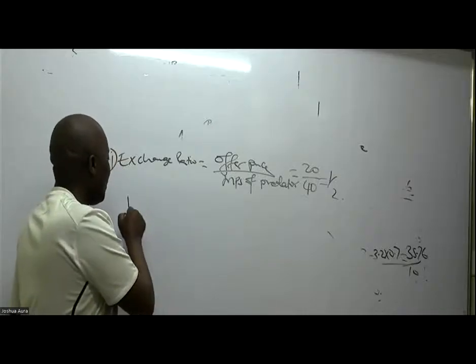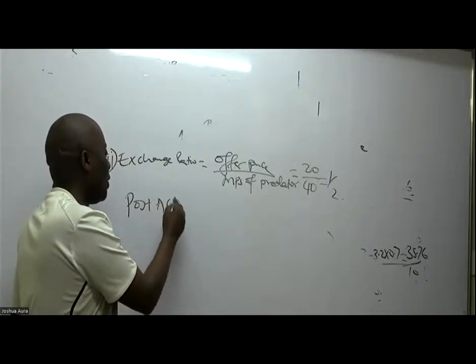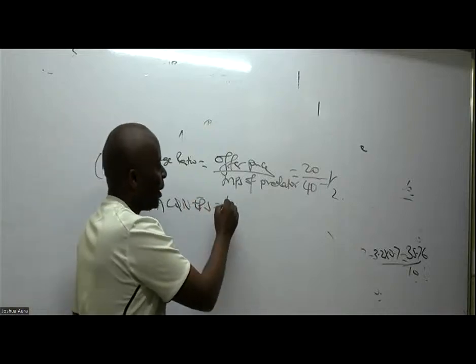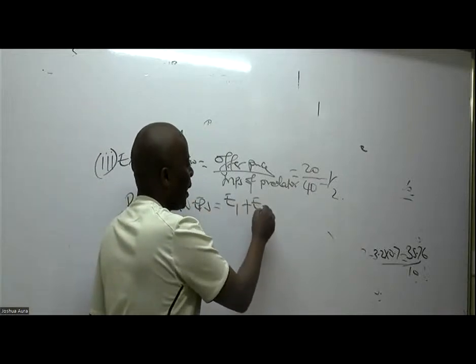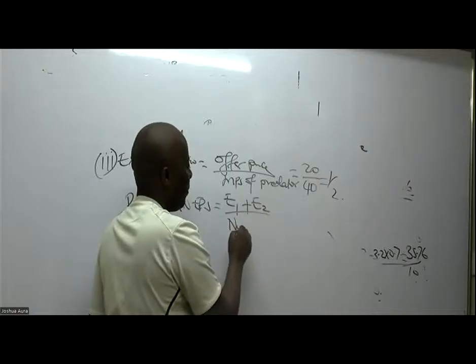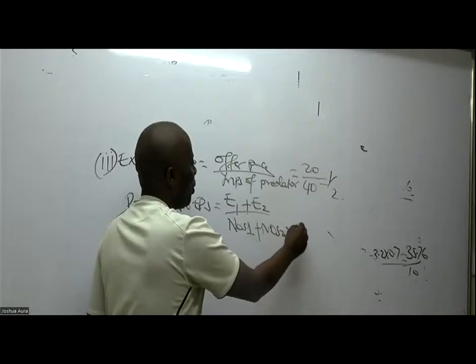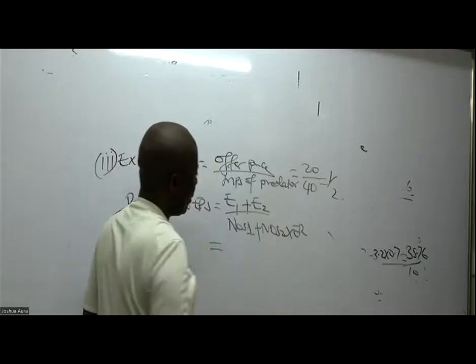And then go ahead and give us the post-acquisition EPS. This will be earnings of company 1 plus earnings of company 2, over the number of ordinary shares of company 1 plus the number of ordinary shares of company 2 multiplied by the exchange ratio.